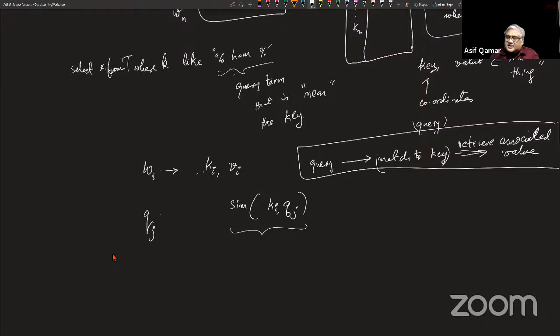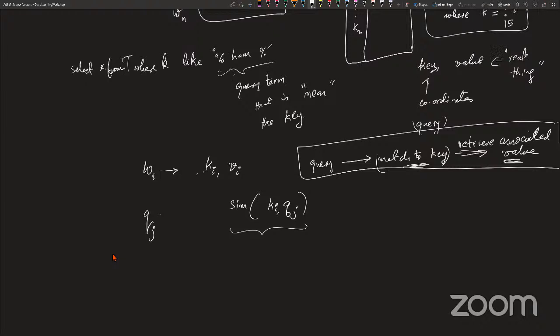Okay, I'll repeat that. See, when you do SQL access, Sudhir, is this the path, query to match to a key in the database to retrieving the associated value? Yeah, I got that. For some retrieval, you need ki and vi. So I got that piece. What I got lost is the qj.